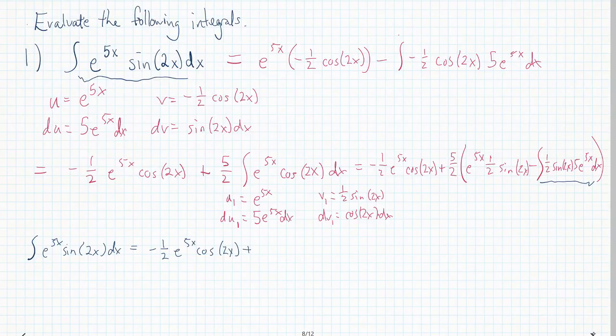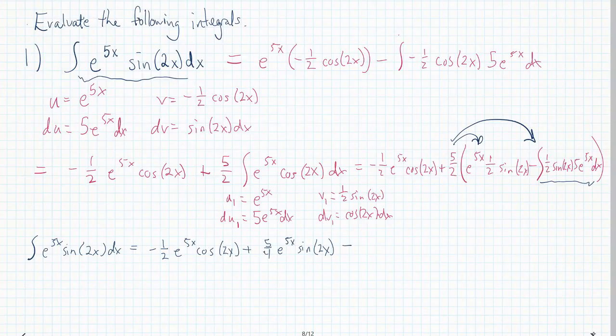plus, if you multiply this 5 halves times each part, here's what you get. You'll get 5/4 in that first scenario, 5/4 e to the 5x sine of 2x. Then minus 5 halves times 1/2 times 5.